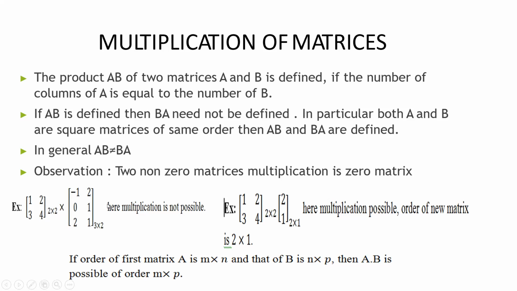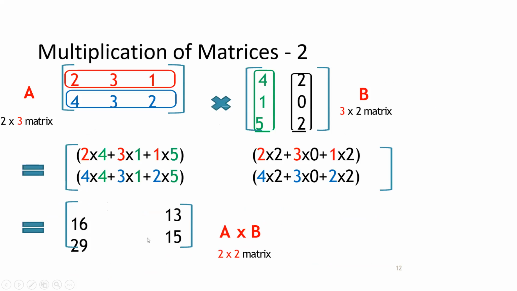It is only possible when the columns in the first matrix are equal to the rows in the second matrix. Here, multiplication is possible. If the order of the first matrix is m by n and the second is n by p, then AB is m by p.